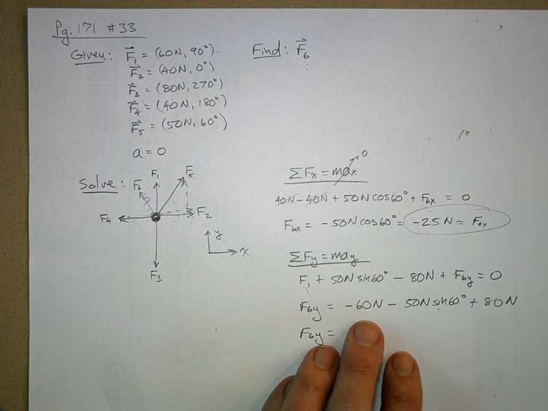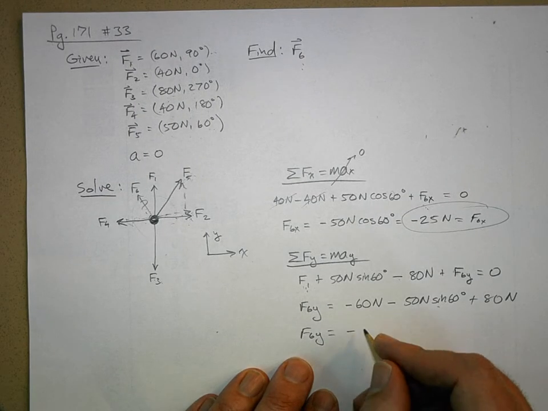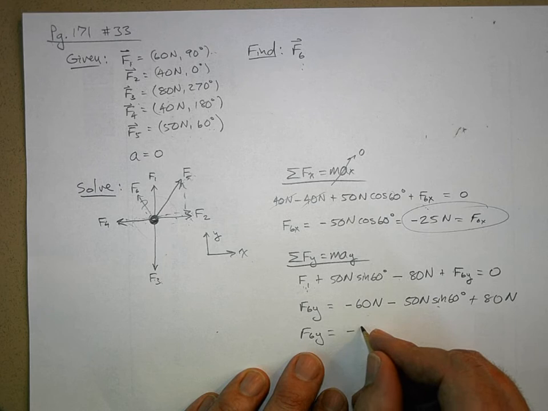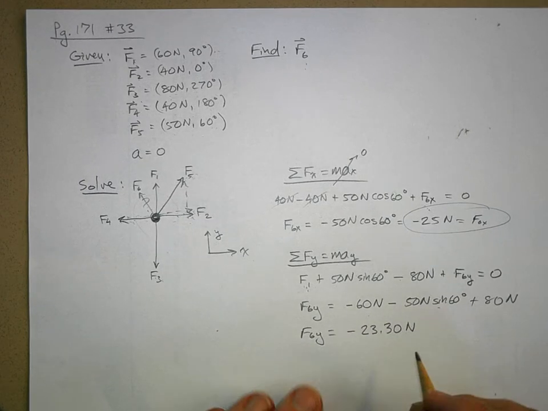And then minus 60. And I get negative 23.30 newtons. Does that make sense?